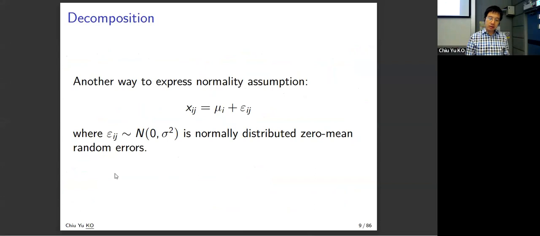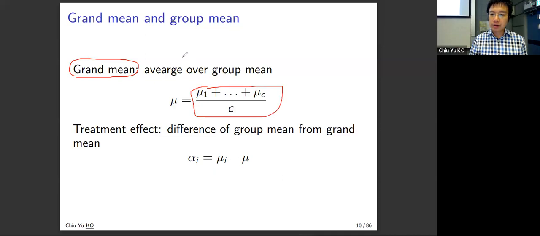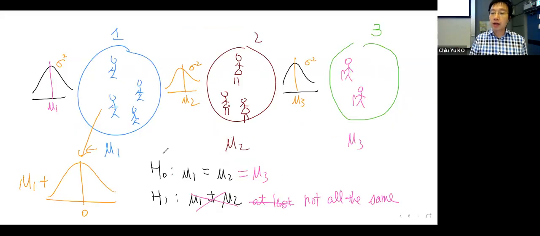Now we will be talking about some notation. Don't worry, the notation will carry us not too far. First is what we call the grand mean. The grand mean is just the average of the mean of each group. Going back to here, we have 3 groups, right?